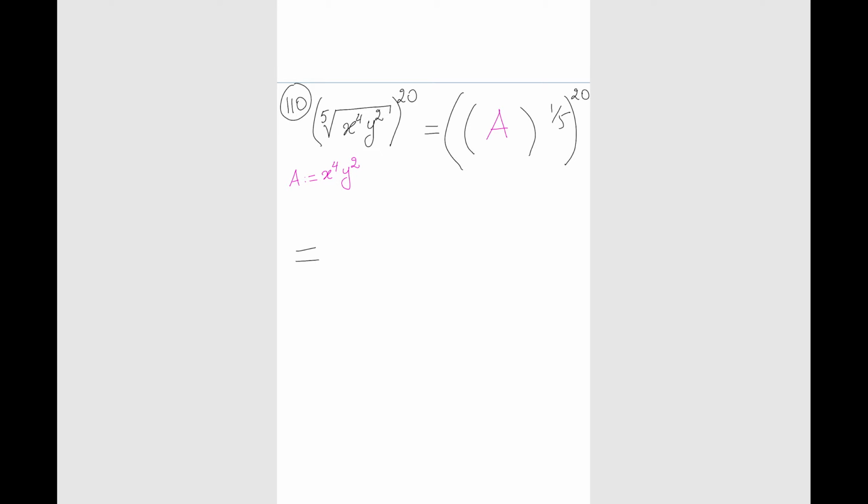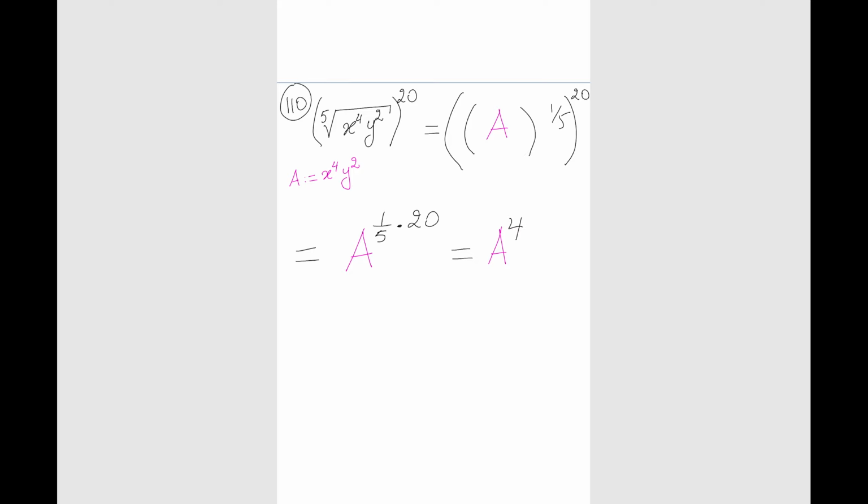So that's going to be a. Let me rewrite it in pink. A to the power 1 over 5 times 20. And 1 over 5 times 20 is simply 20 over 5, which means 4.